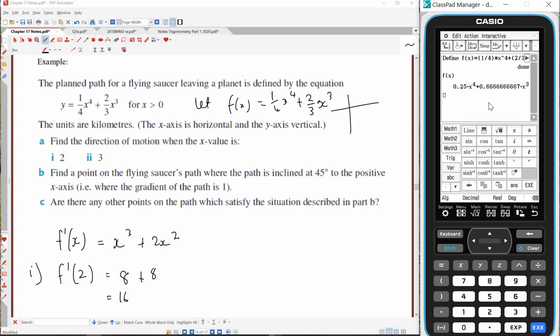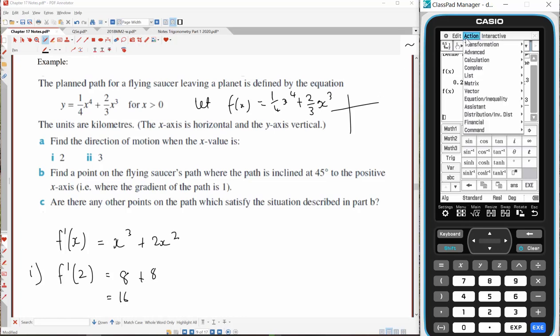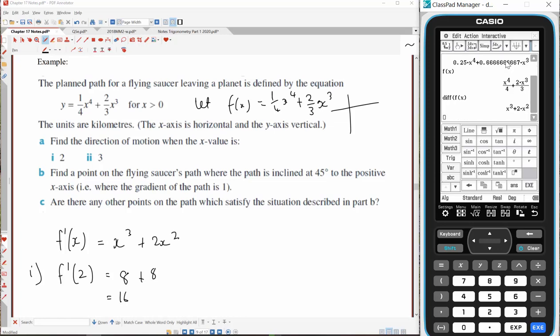Let's have a look at how it was defined. Looks good to me. The way we're going to do this is use diff. So we go action, calculation, diff, and diff f of x.